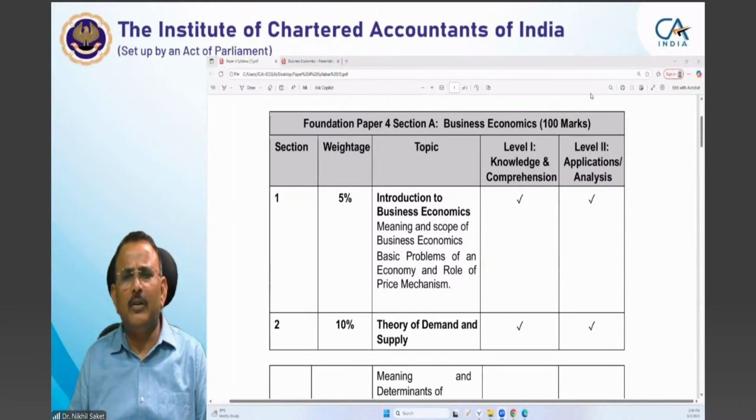Although a mock test is just a test that gives the student a feel of an exam-like environment, the questions in the examination will be completely new.